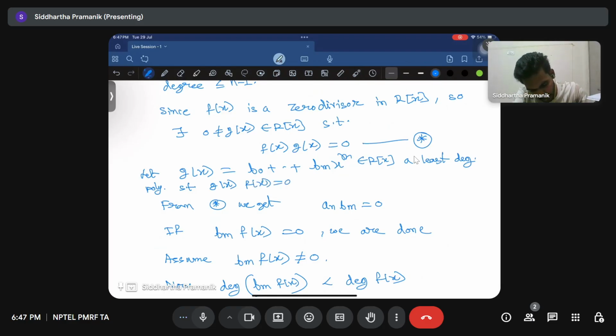Here we are collecting the set of a belonging to R[x] such that a times f(x) is 0. This is clearly a non-empty set, and in this set we collect a polynomial of least degree.